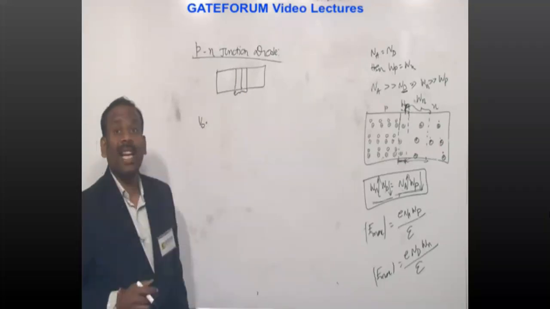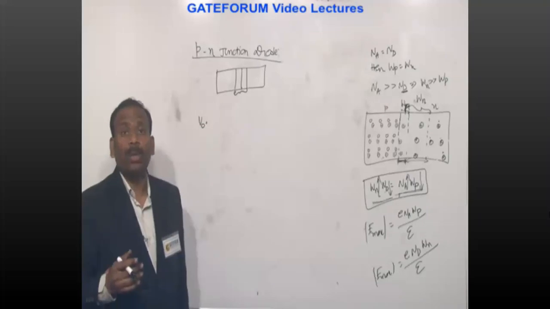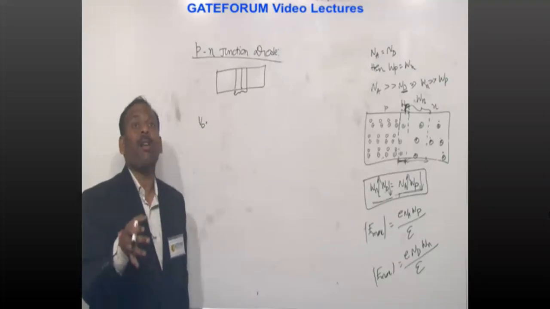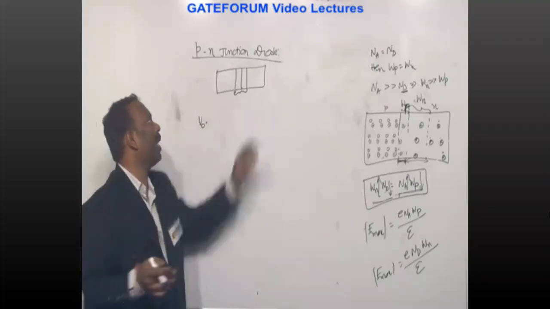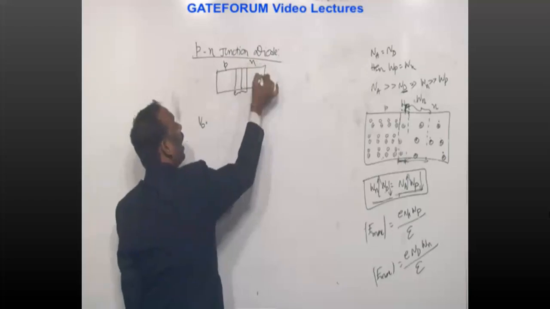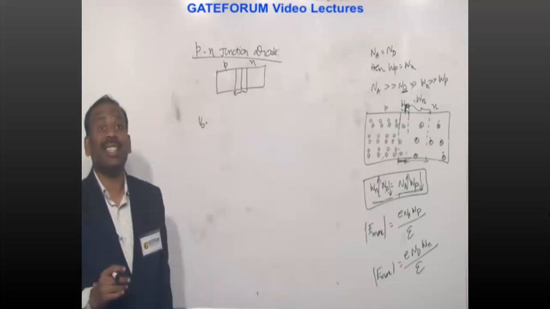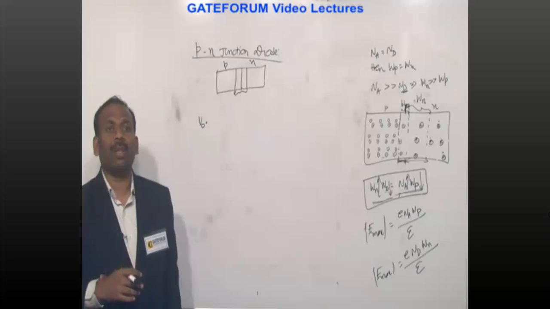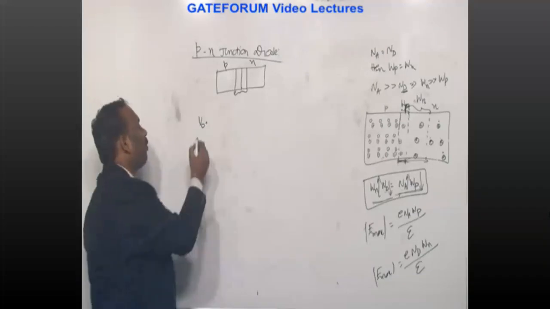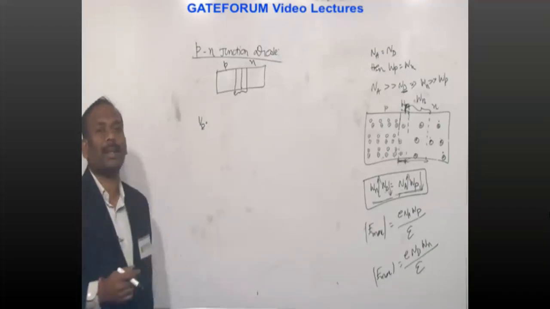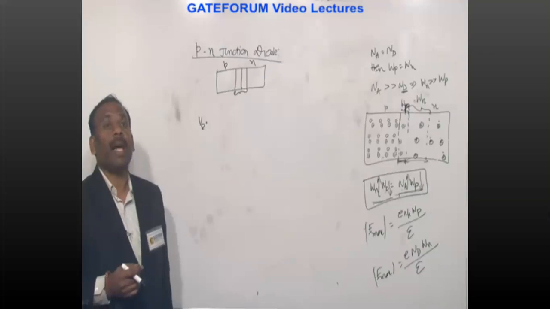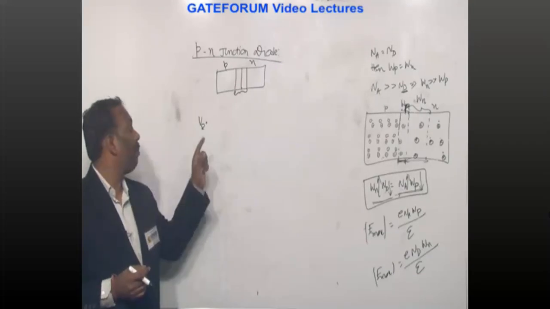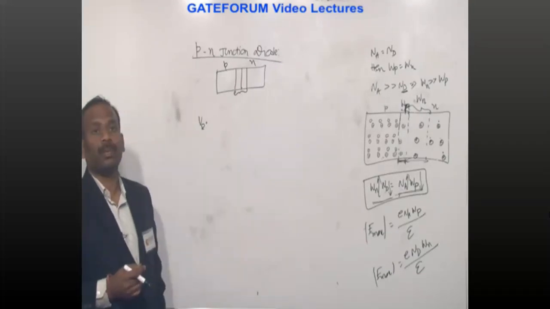Why is it called barrier? It acts as a barrier for the flow of holes from P to N and electrons from N to P. Therefore it's called barrier. It is open circuit, under unbiased condition, and it's called barrier potential.